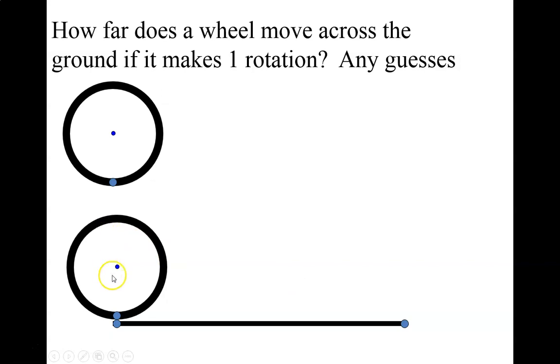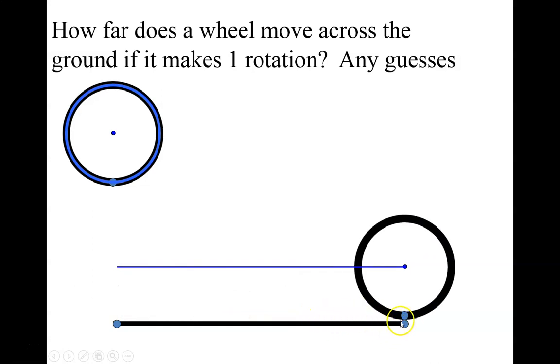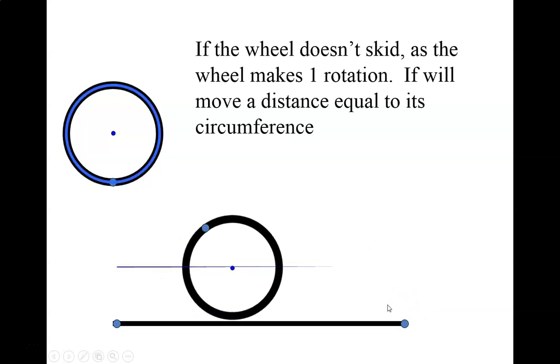Any idea how far the center of a wheel moves as it makes one rotation on the ground? If you had a string laid around this, it would have laid out one circumference of string, because it made one rotation. So each time a wheel rotates, it travels a distance of one circumference.